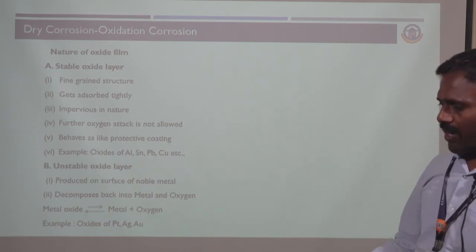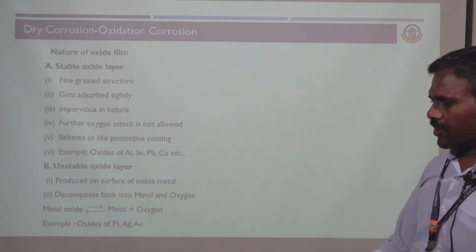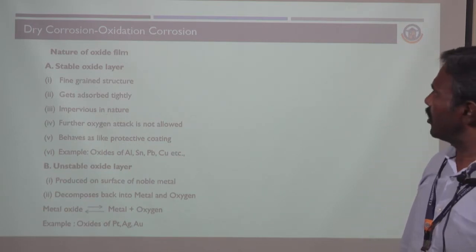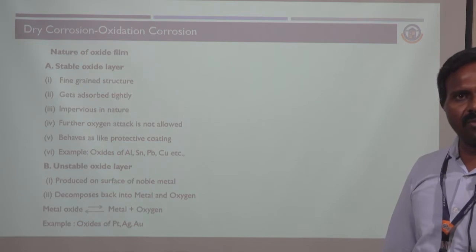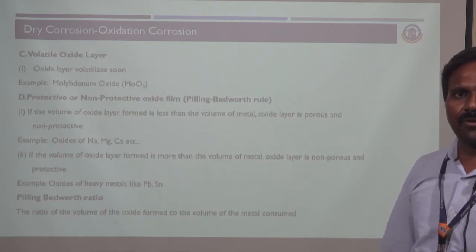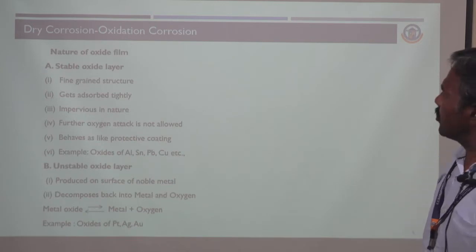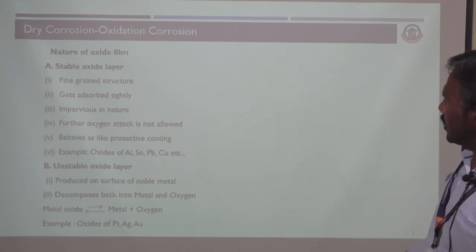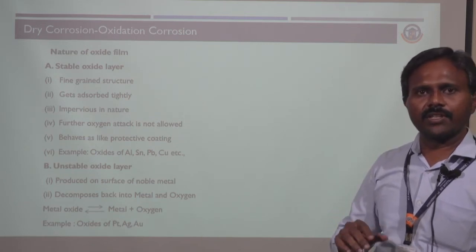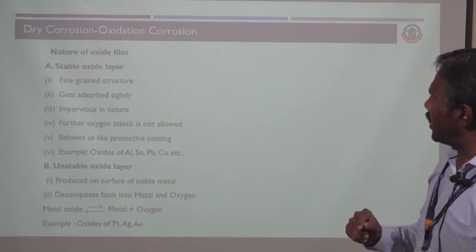The metal oxide that is formed on the surface of the metal is of four different types: one is stable oxide layer, another one is unstable oxide layer, the third one is volatile oxide layer, and the last one is the Pilling-Bedworth ratio. First we will discuss the stable oxide layer.